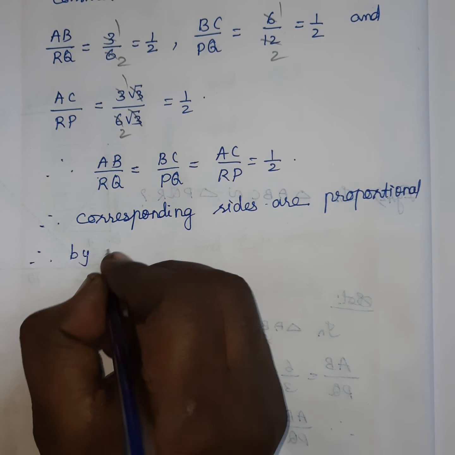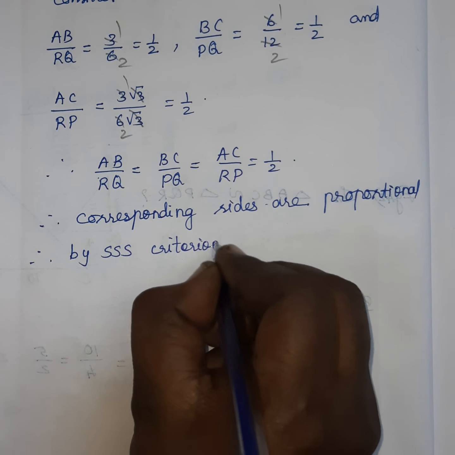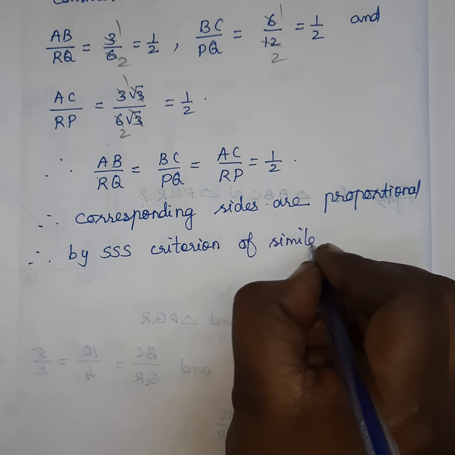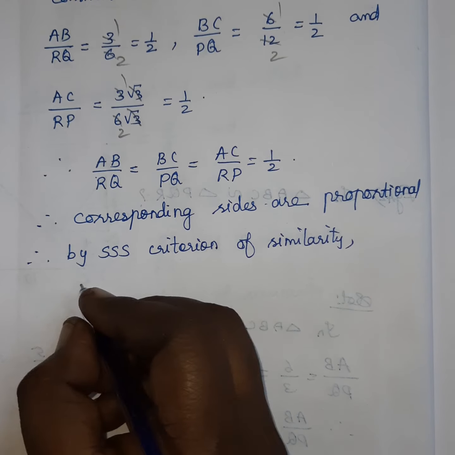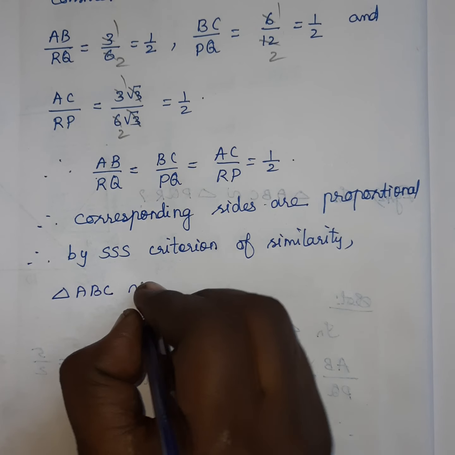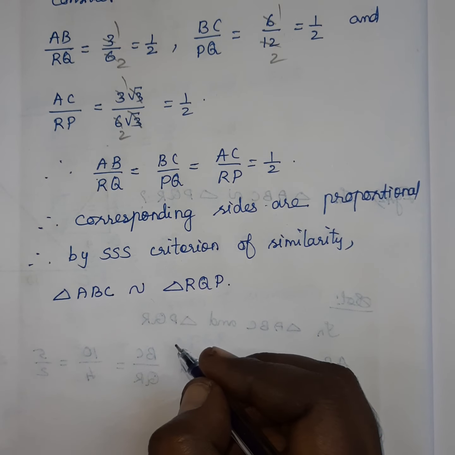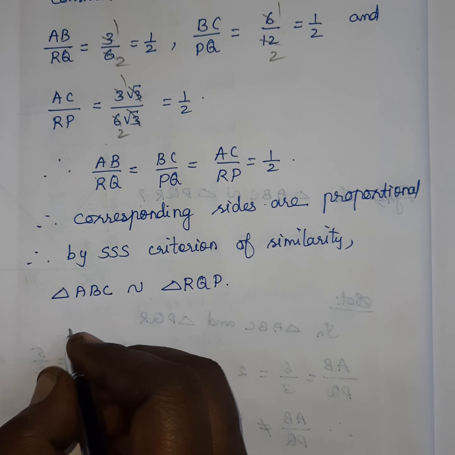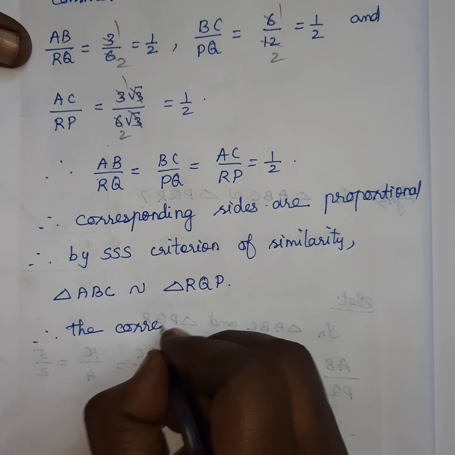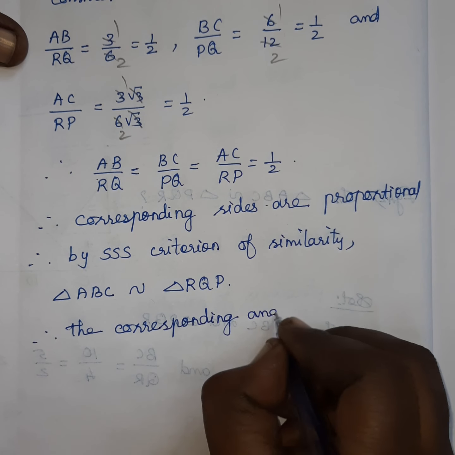Therefore, by SSS criterion of similarity, triangle ABC is similar to triangle RQP. Okay, the triangles are similar, so we can say the corresponding angles are equal.